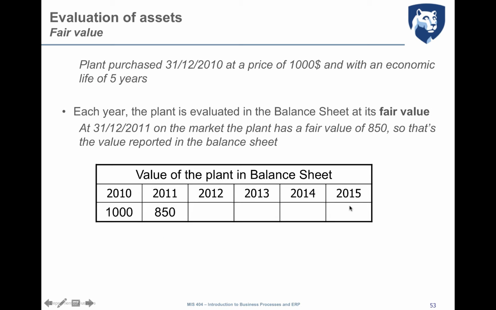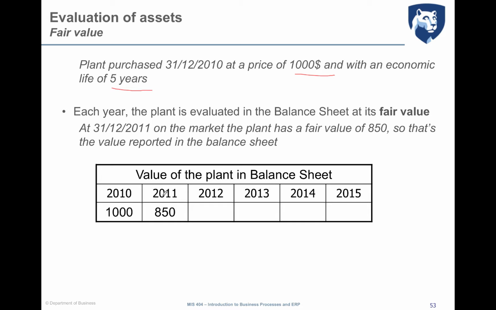With the fair value, instead, we need to use the market price in order to evaluate the asset. We have the same example, so we purchase the item today at the price of 1,000 with an economic life of 5 years, and each year the plant is evaluated in the balance sheet according to its fair value, so the market value of the item.